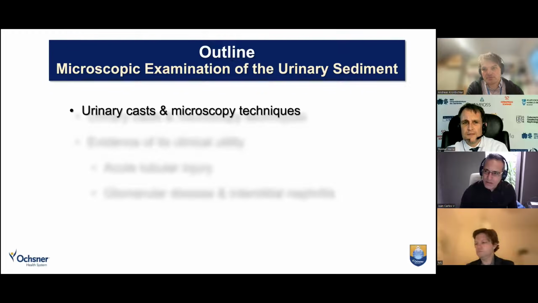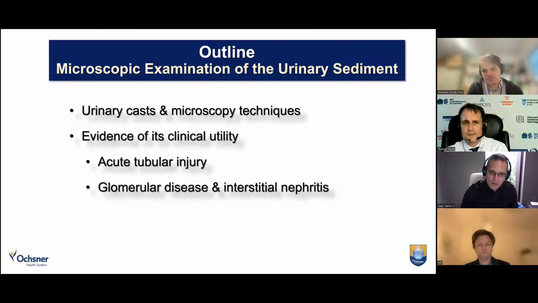Of course, there are other findings such as crystals and cells that we will discuss, but we're going to try to emphasize mostly casts in this presentation. And we're going to review the clinical utility, both in the context of acute tubular injury, as well as in other parenchymal entities such as glomerular and interstitial disease.